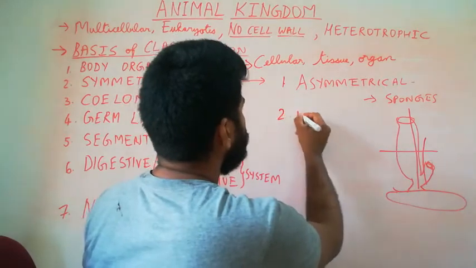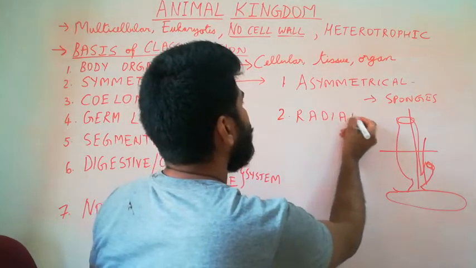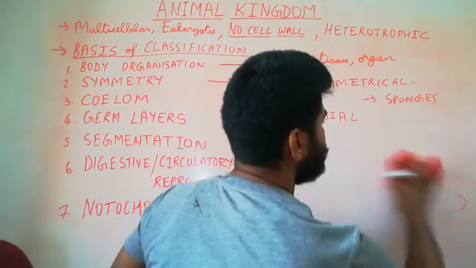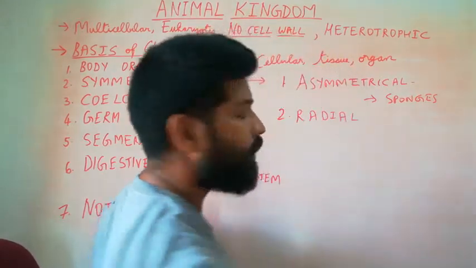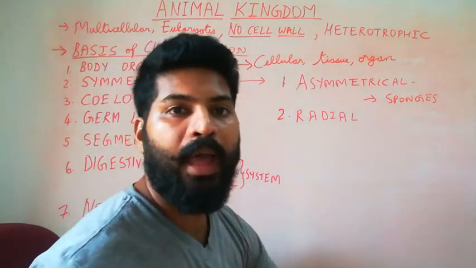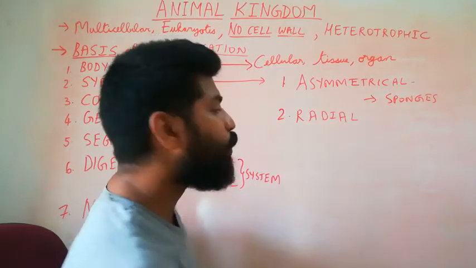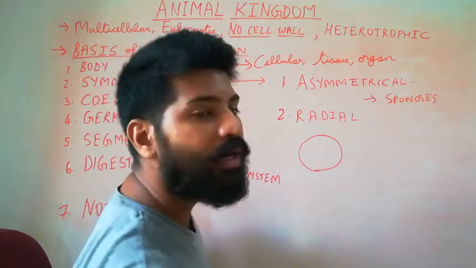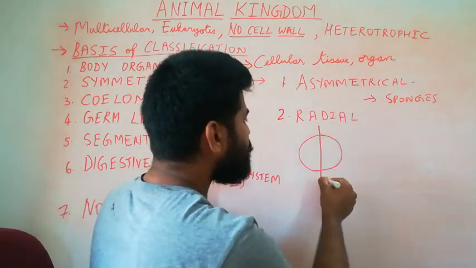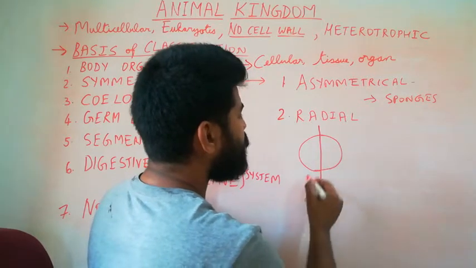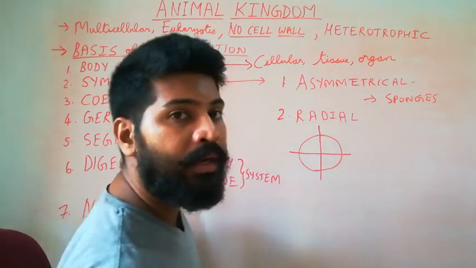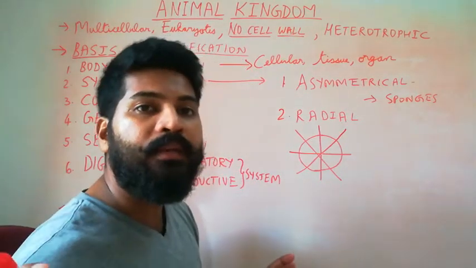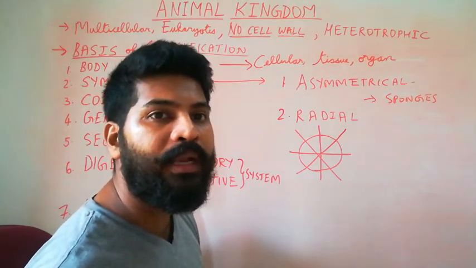The second type of symmetry is called as radial symmetry. Radial symmetry is when any plane of axis can divide the animal into equal halves. So for example, the best is a sphere or a cylinder. So this plane of axis will divide it into two equal halves. Even this plane of axis can divide it. So any plane of axis can divide the organism into equal halves.